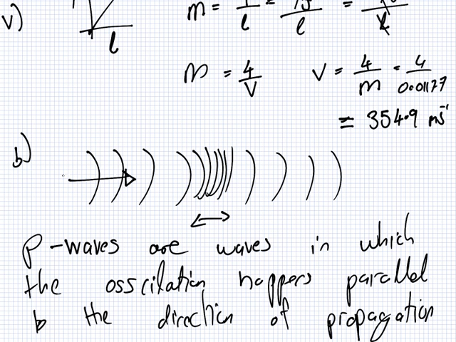So this is the direction of propagation, the way the wave is moving. And here these are the oscillations, the vibrations. So it's moving in the direction of the wave.